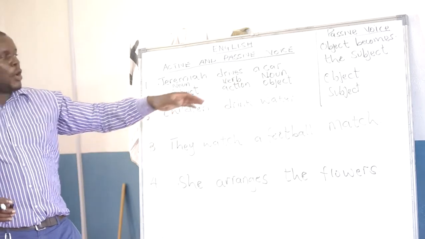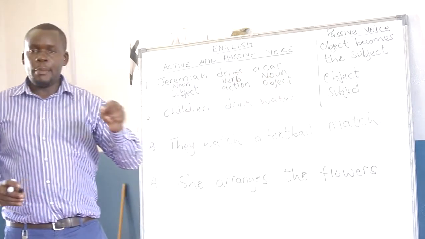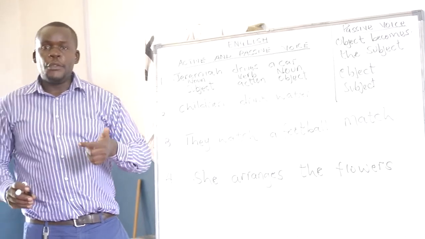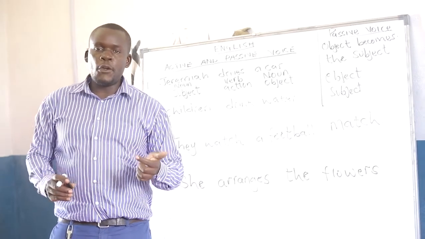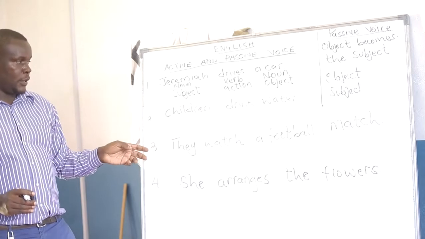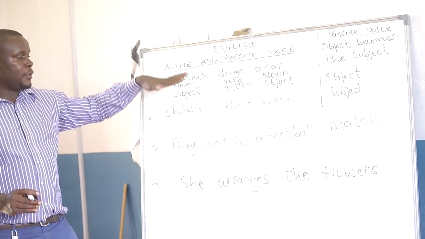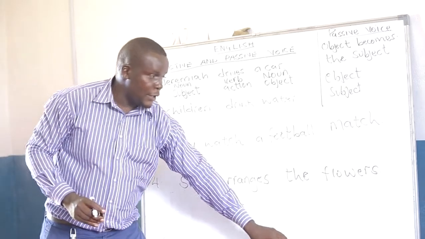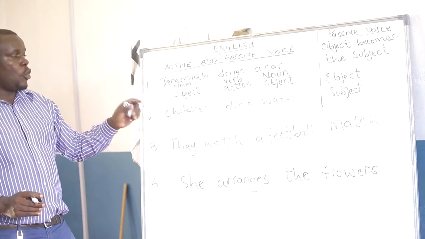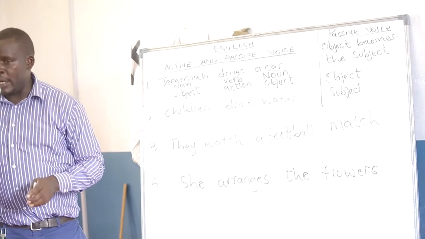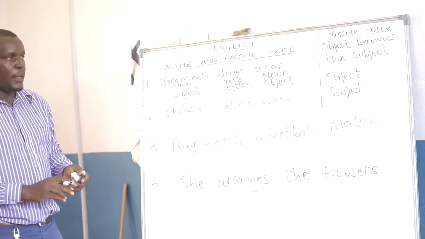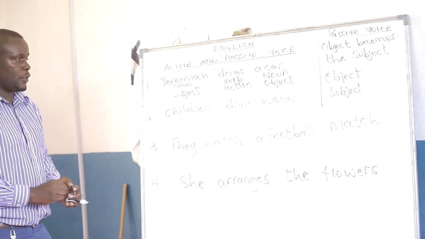Whereas when we talk about the passive voice, in a passive voice, the object comes before the subject. And as you can see in these sentences that we have written here, we are going now to change each and every one based on the definition that we have had.